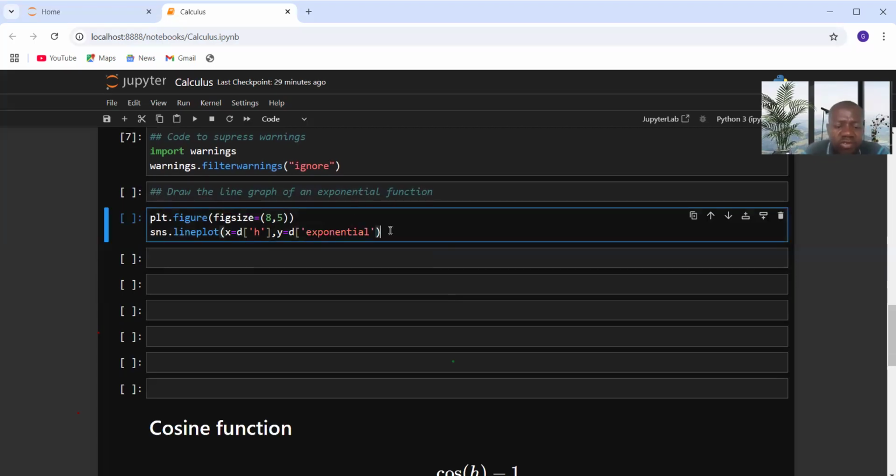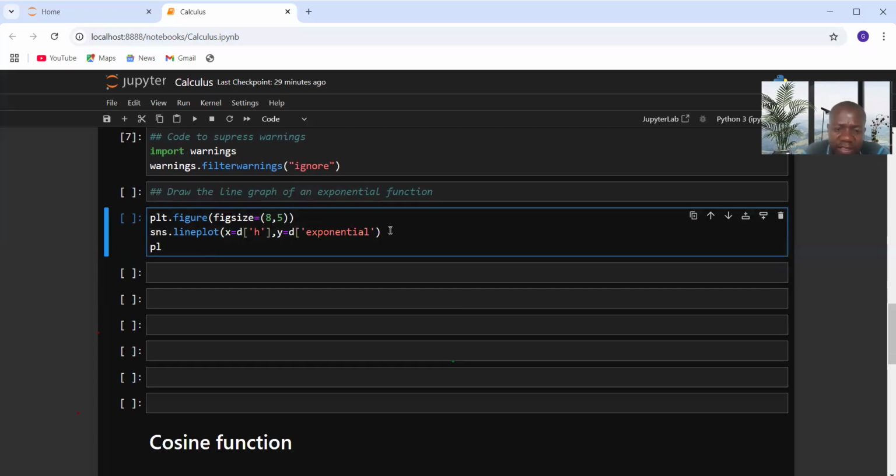Right. Then I want to label this to give a title, plt.title: the graph of an exponential function.